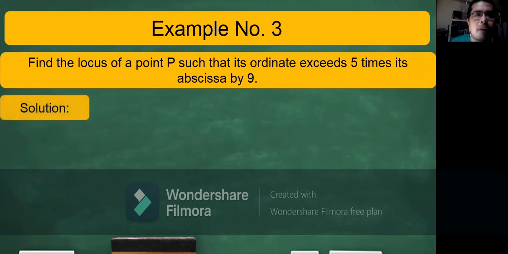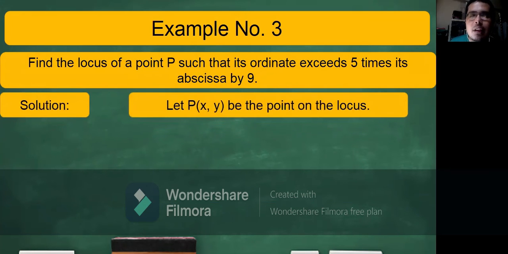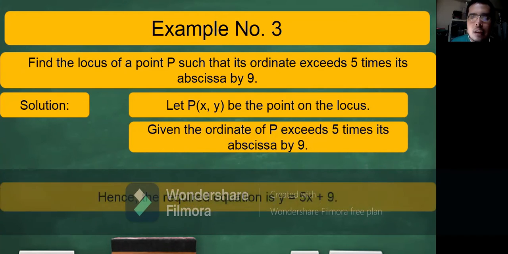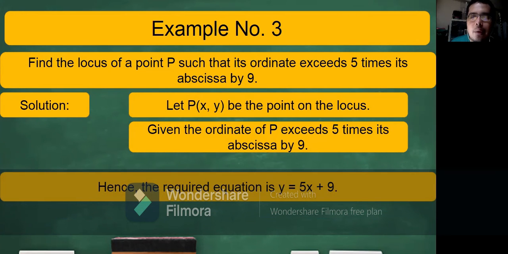For our solution, this is always our first step: we let P(x, y) be the point on the locus. Given the ordinate of P exceeds 5 times its abscissa by 9, the equation that we need is y equal to 5x plus 9.